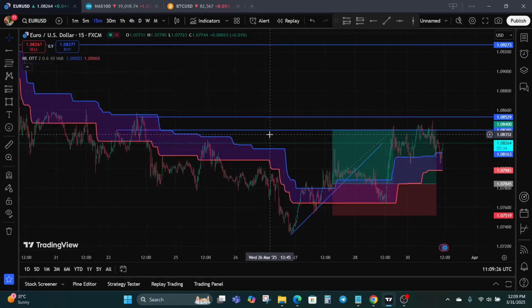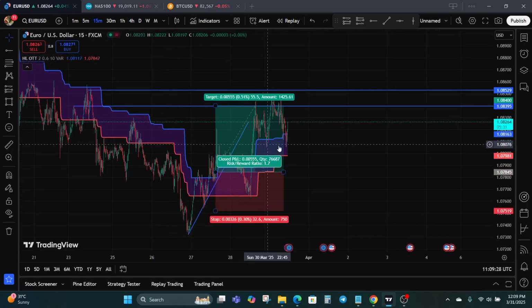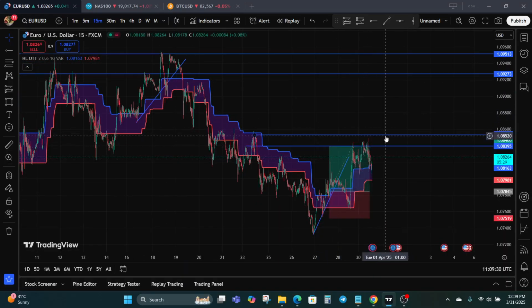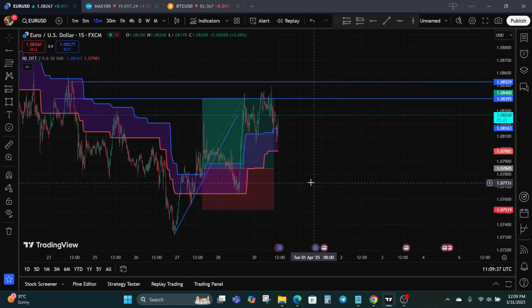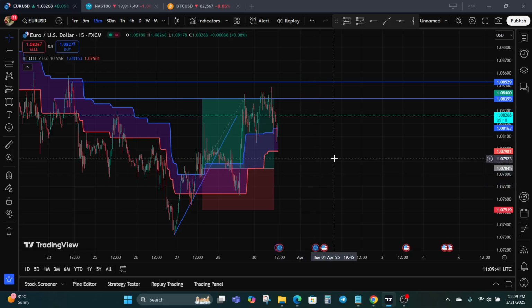Different traders have different styles of trading, but for a more conservative approach, you can try to limit your risk per trade to 1 to 2% of your account balance.